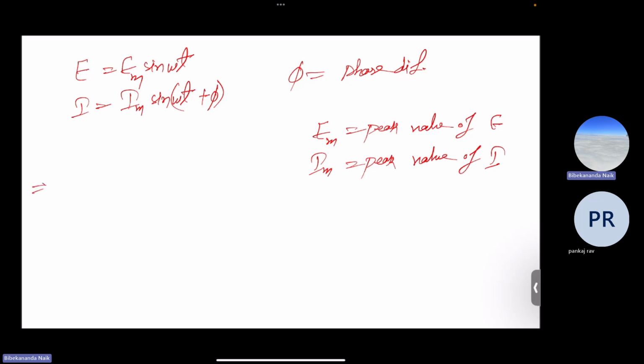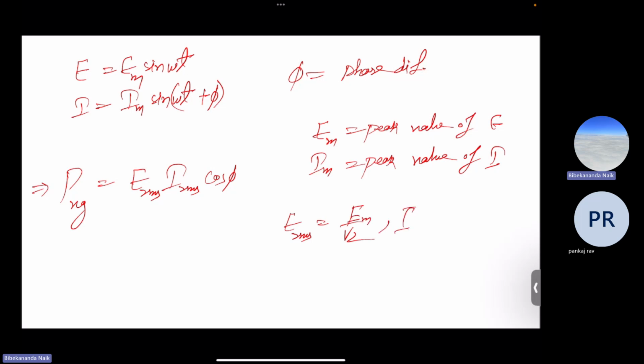Or we can write P average equals E RMS I RMS cos phi, because E RMS is equal to 1 by root 2 Em and I RMS is equal to Im by root 2.